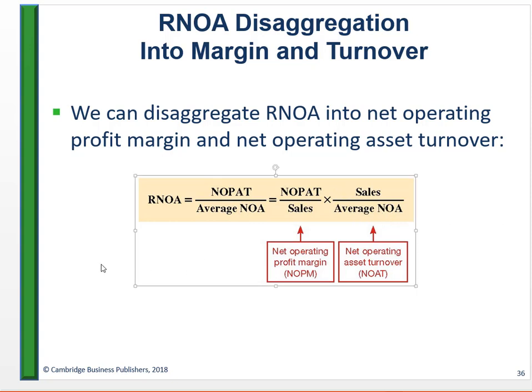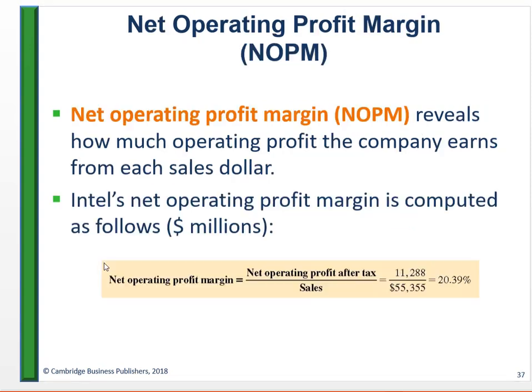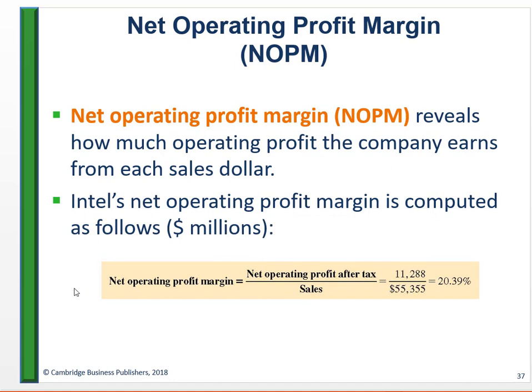And we can move quickly through these because we already drew the distinction earlier in the module where we took Intel's balance sheet and we identified the red items as operating and the black items as non-operating. So we're basically going to use that same distinction here and plug those numbers into the same formulas that we used for the DuPont analysis.